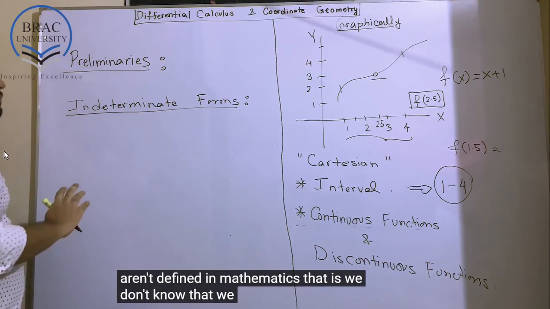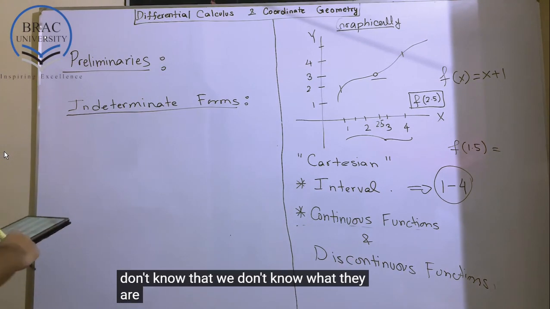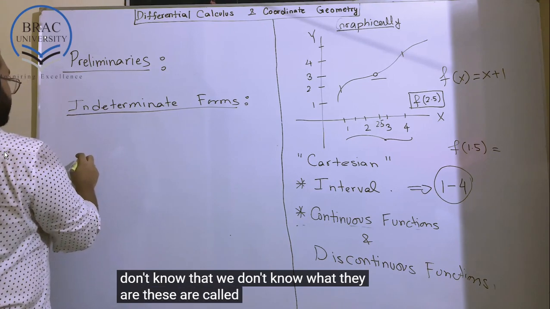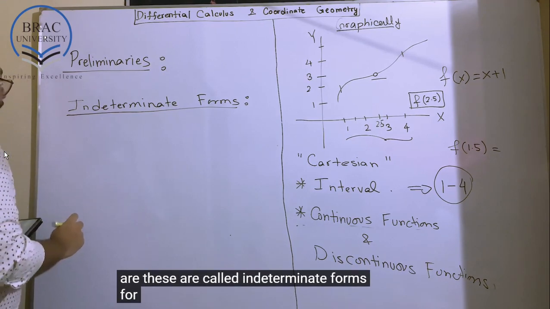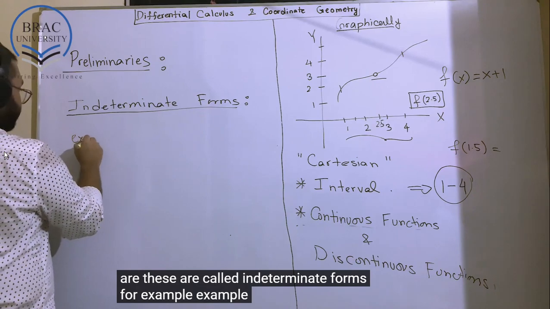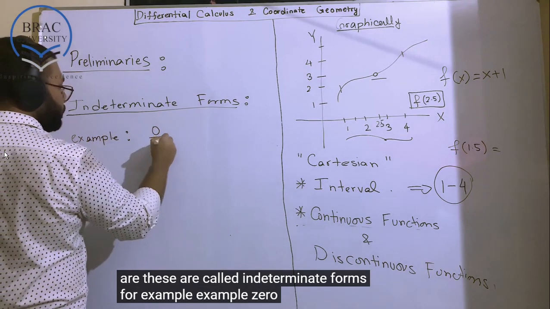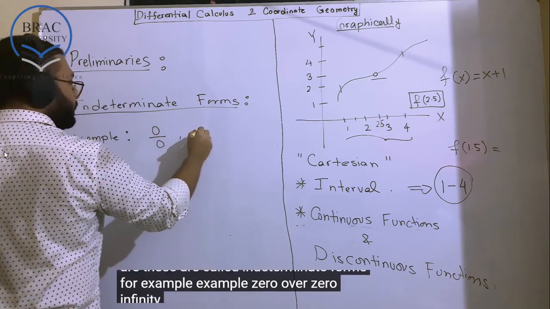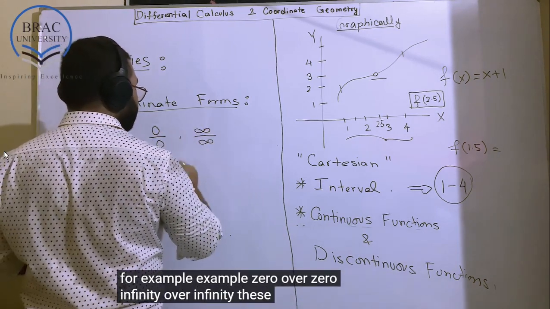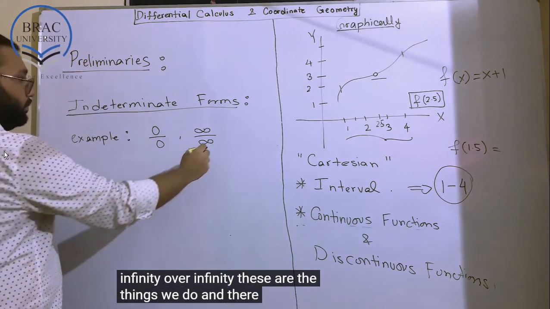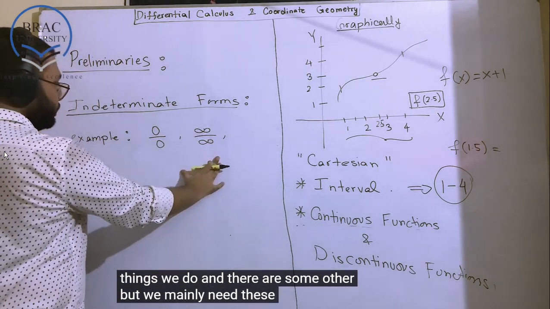That is, we don't know what they are. These are called indeterminate forms. For example, 0 over 0, infinity over infinity. There are some others, but we mainly need these two.